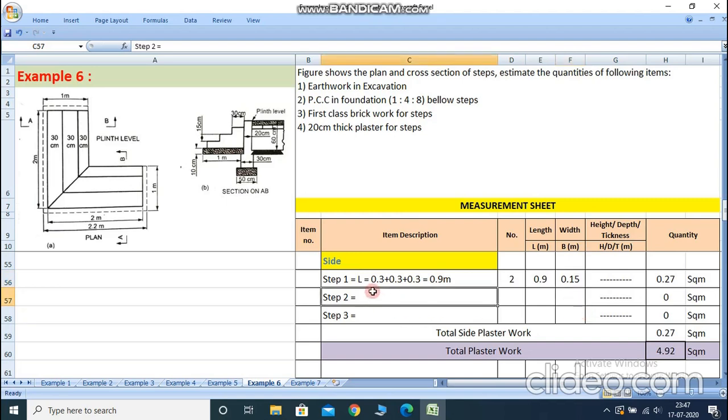Same here, for step 2 the length is equal to 0.3 plus 0.3 is equal to 0.6. So the number is 2, 0.6 and 0.15. Then for step 3 the length is equal to 0.3 only, 0.3 meter.